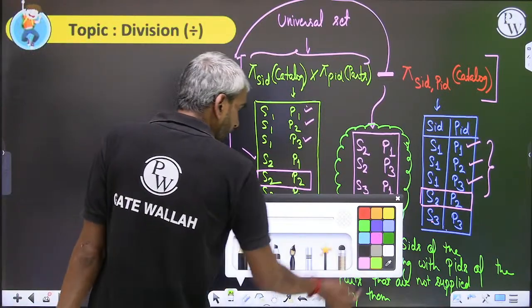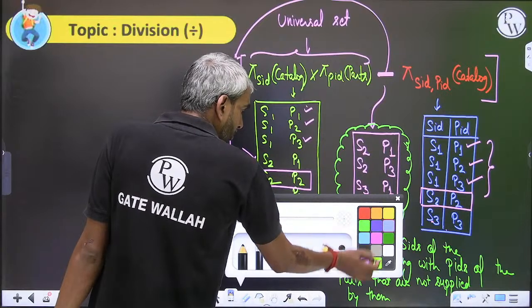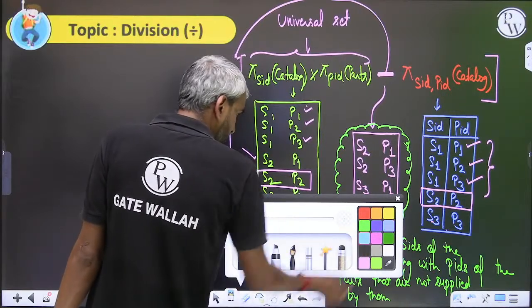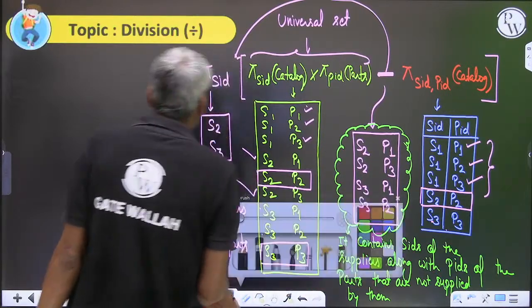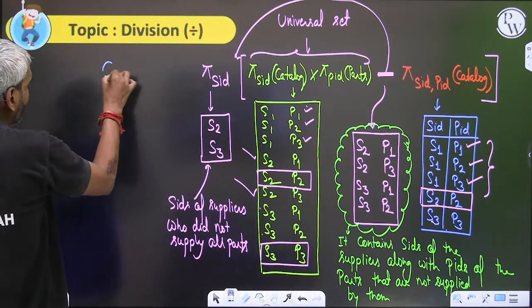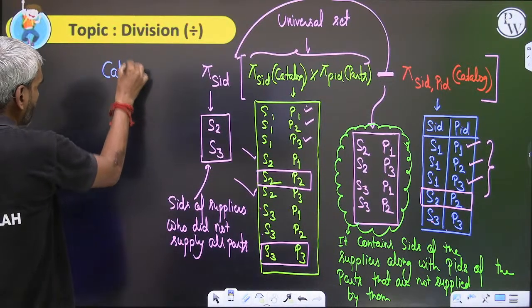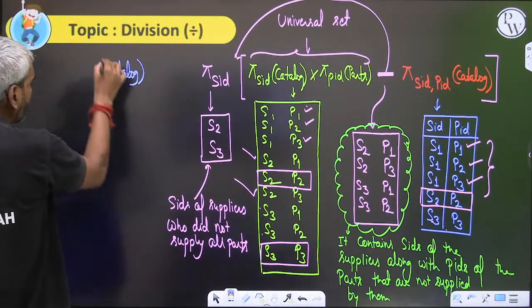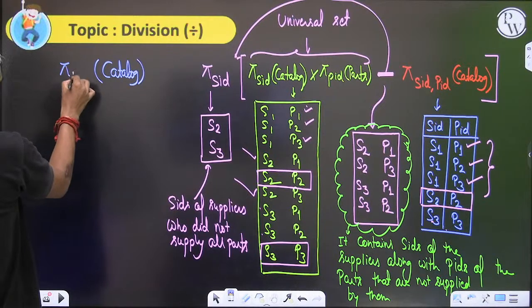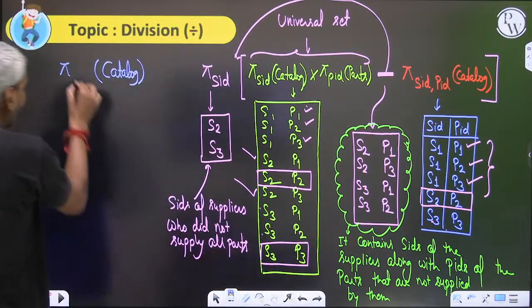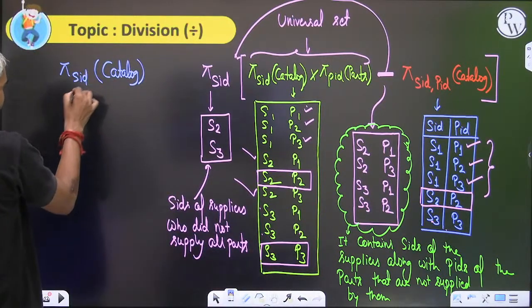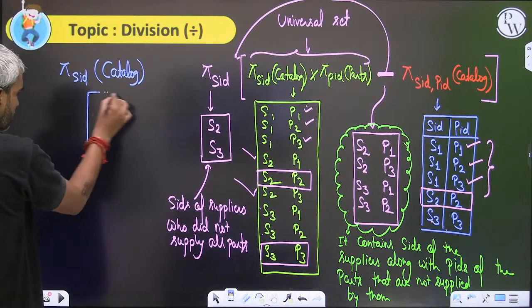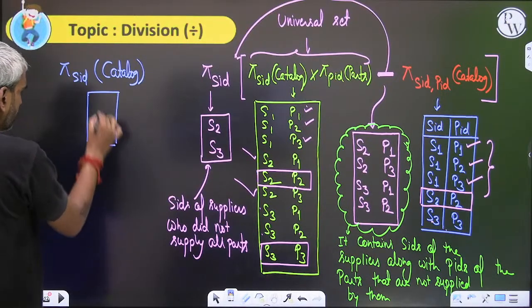Now, the last thing that you need to do is, we know that from the catalog table we have already projected SIDs. So here we have S1, S2, S3, right?